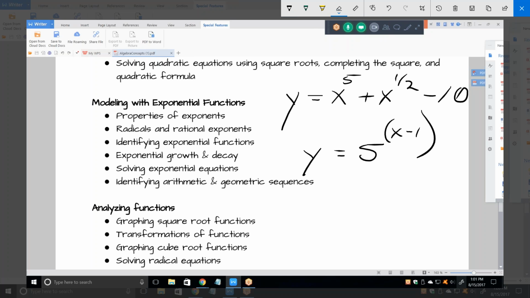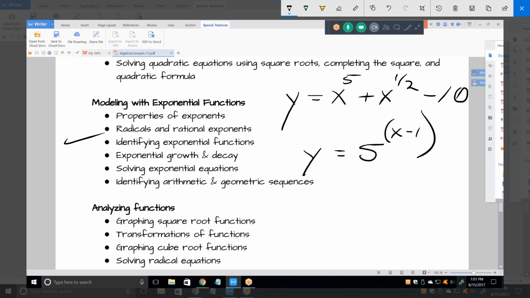Very good. And we're not even going to talk about solving these. It doesn't require that. It's just talking about identifying exponential functions.